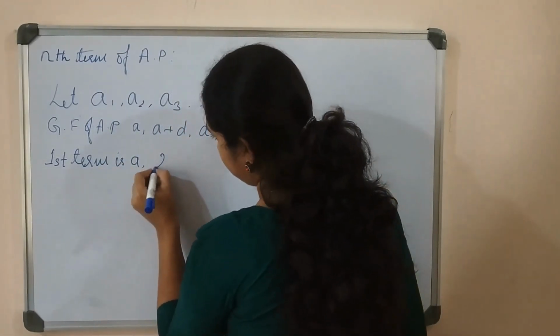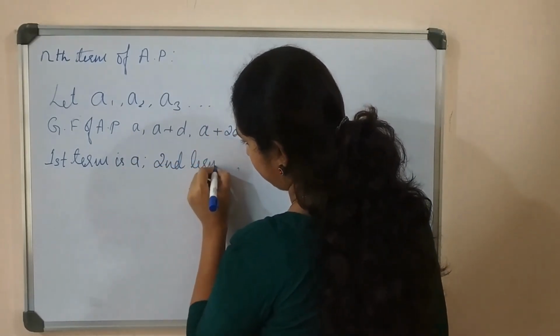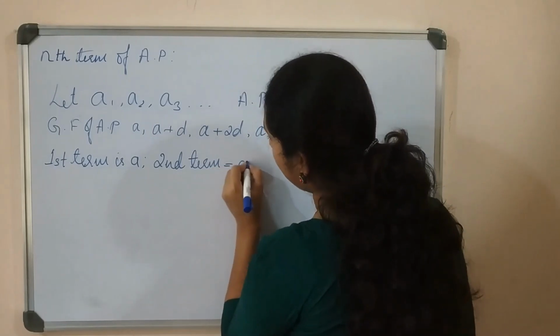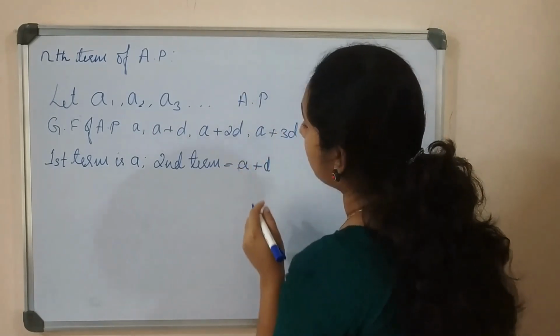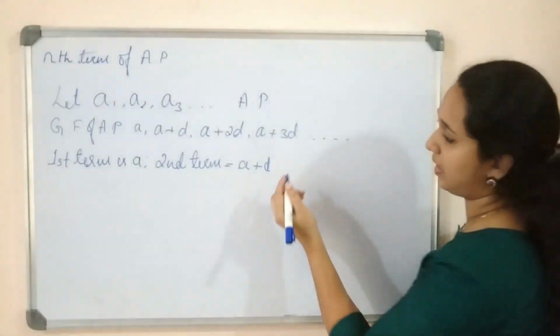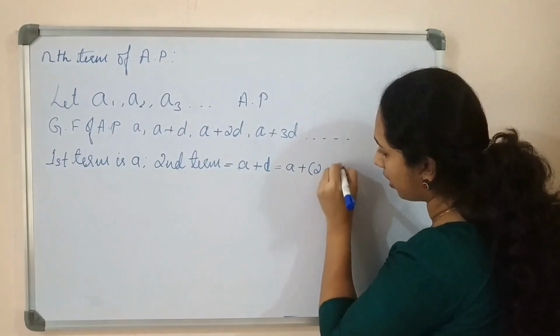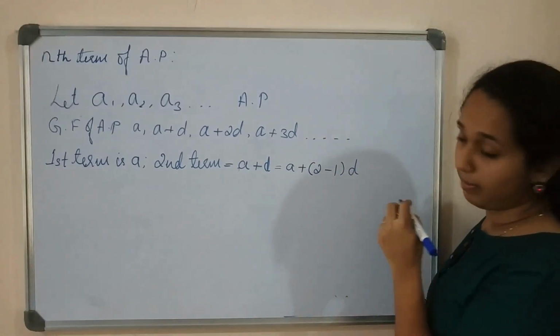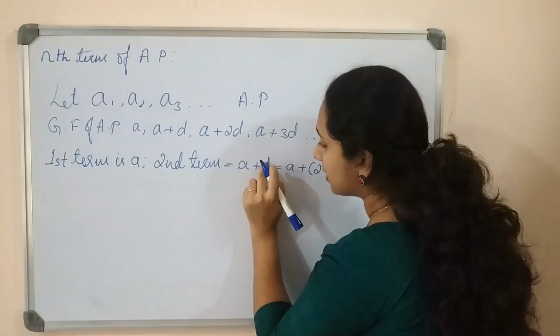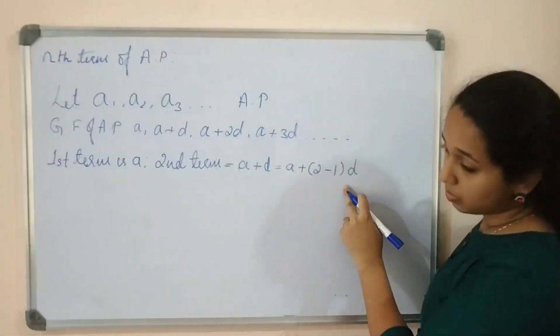The second term is A plus D, which I can write according to the previous example method as A plus 2 minus 1 into D. Okay, because here nothing is there, I can consider it as 1, and 1 I can write as 2 minus 1.